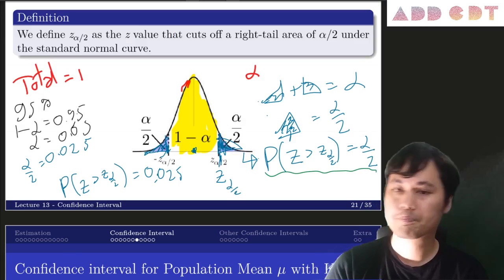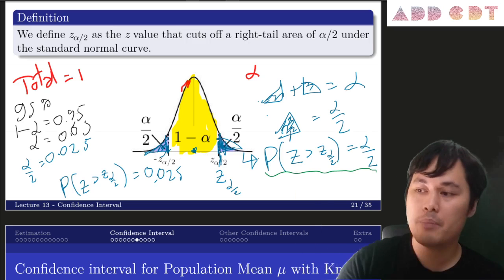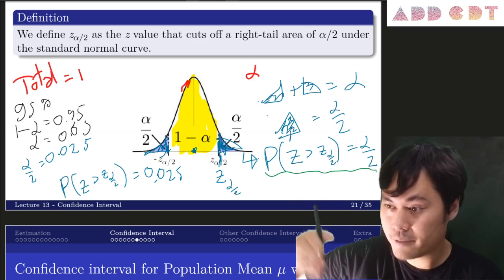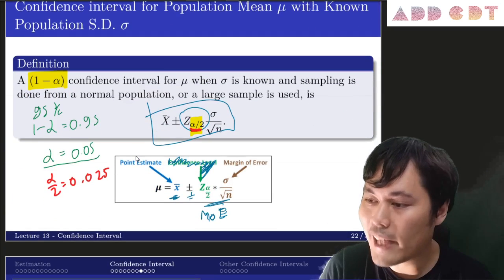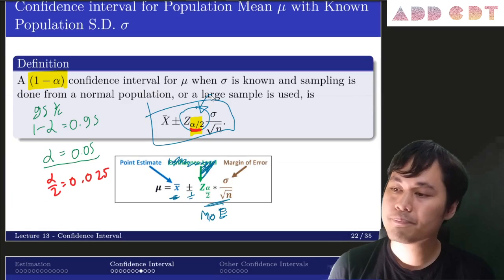So that means we can use the C table to compute the exact point to cut off, and that point is what we put here in the formula.